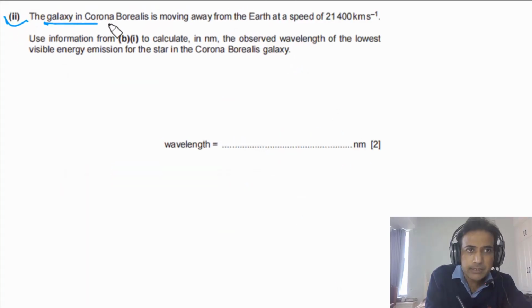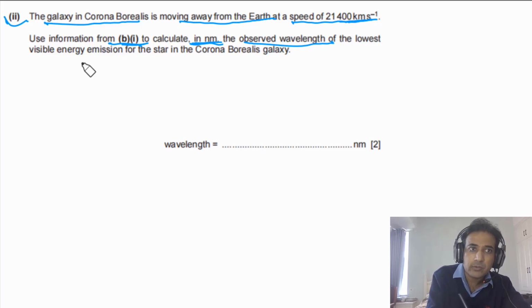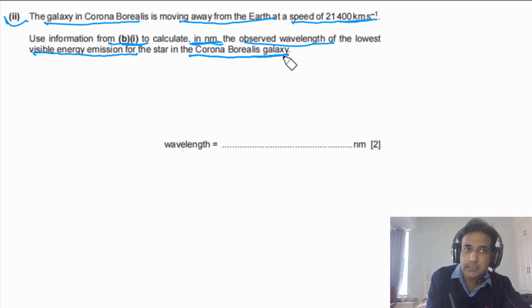Second part says the galaxy in Corona Borealis is moving away from the Earth at a speed of 21,400 kilometers per second. Use information from B1 to calculate in nanometers the observed wavelength of the lowest visible energy emission for the star in the Corona Borealis galaxy.